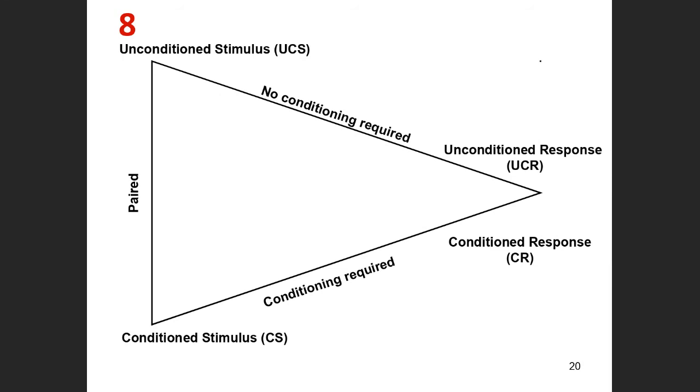You have to have conditioning to get the conditioned response. So with Pavlov's dogs, the unconditioned stimulus was the food, and they responded with salivation, which is a natural reflexive response.